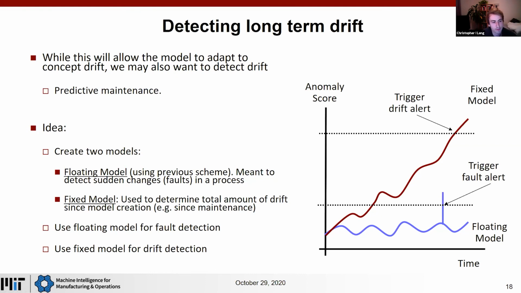If you also have this fixed model from the beginning of time, as the system is drifting, this anomaly score will be growing over time as well. And then when it crosses some larger threshold, you would want to trigger a drift alert for that. And so this way you could both detect discrete events like true faults and also determine when the model has drifted too much.